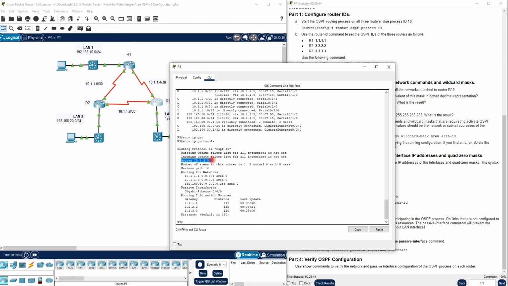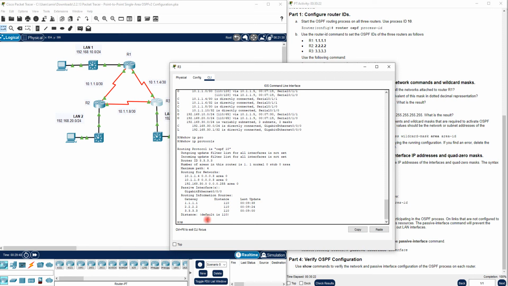You can see your router ID, the process ID that we have configured, and some information about which networks are connected to this device and which we have configured, and also the passive interface that we have configured. The neighbors of 3.3.3.3 are 2.2.2.2 and 1.1.1.1, and also the administrative distance here, the last update, and things like that.